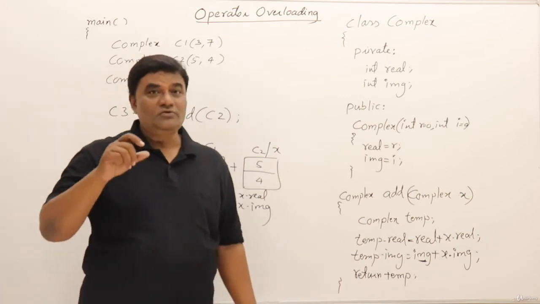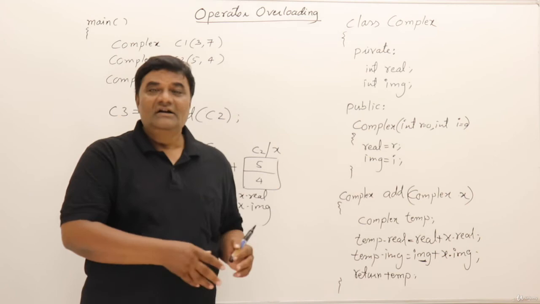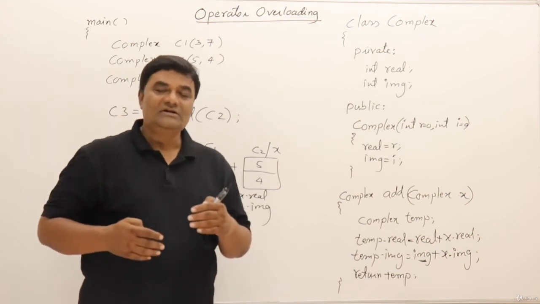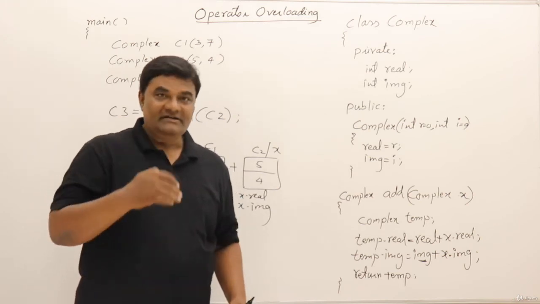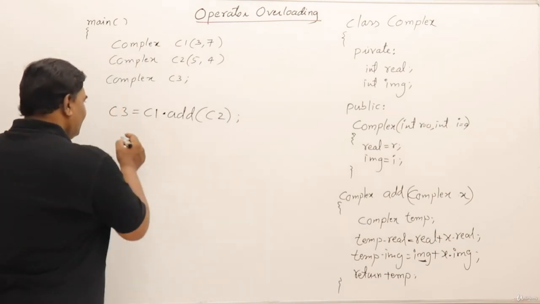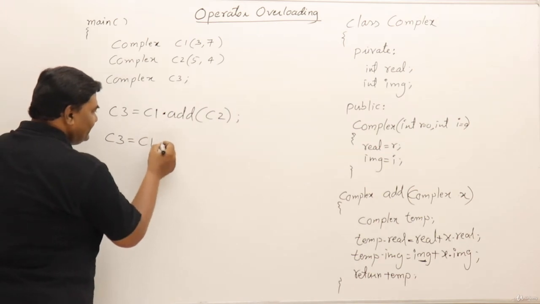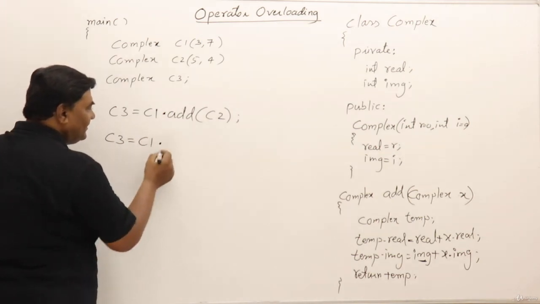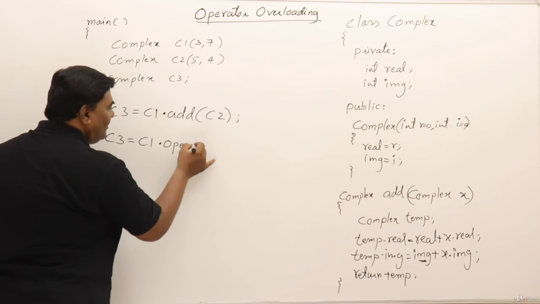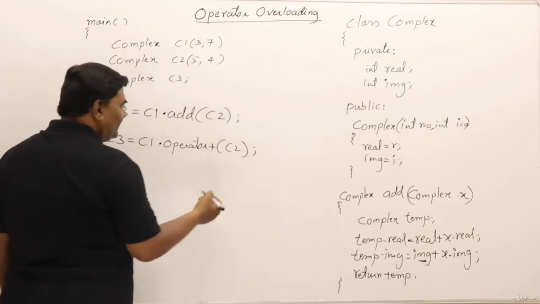Now let us see how to make it into operator overloading. Add function we already have. Now this function we want to convert into an operator. So how to do that I'll show you. Now instead of writing like this, I want to write like this: C3 assign C1 dot operator plus C2. So what is this?